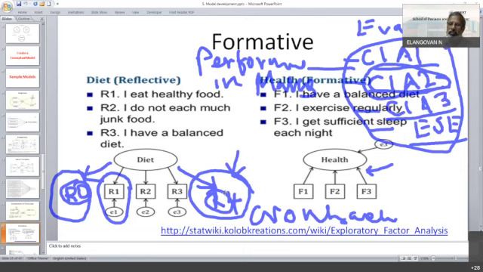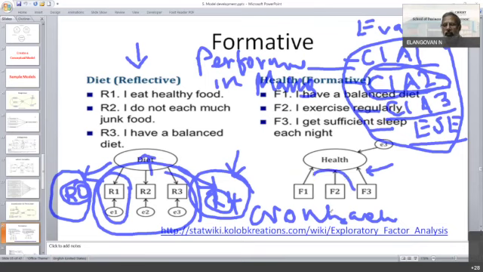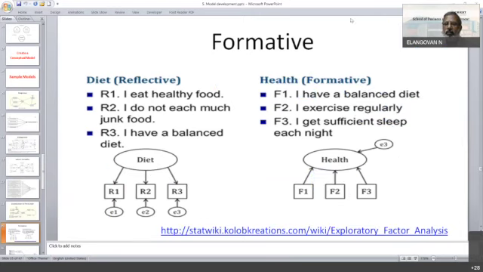So in research, in a reflective latent construct, dropping variables is allowed, because even if I drop this particular variable, other variables will measure the construct. But in this case, if one variable is missing, then the variable is not complete in measurement. So that is the reflective and formative constructs.